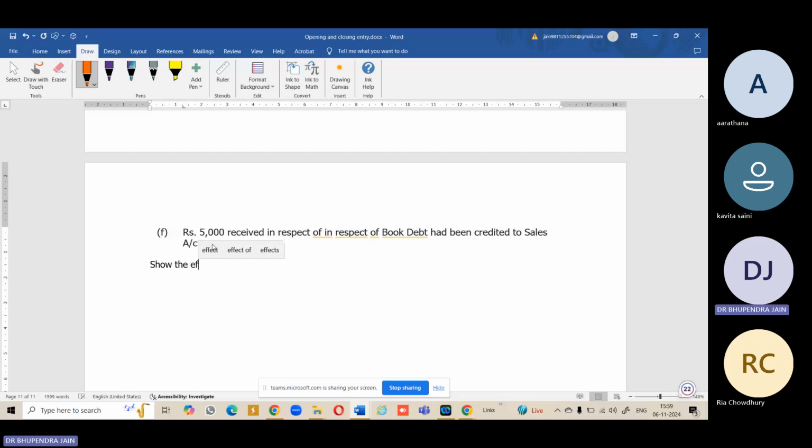So the effect of the above errors in profit and loss account and balance sheet.